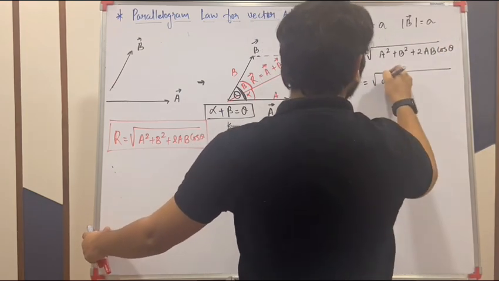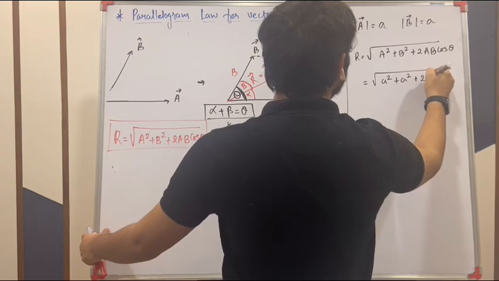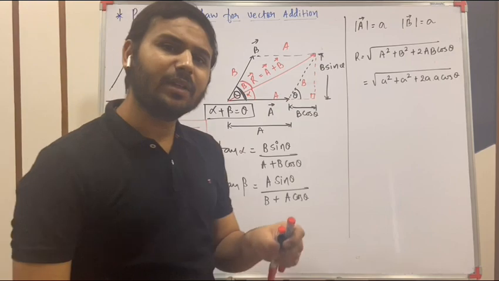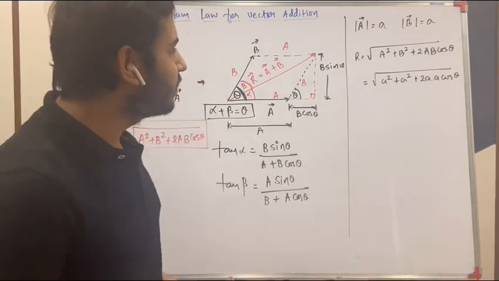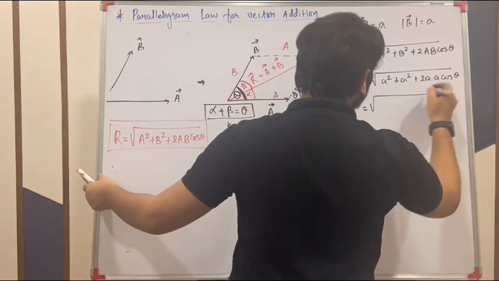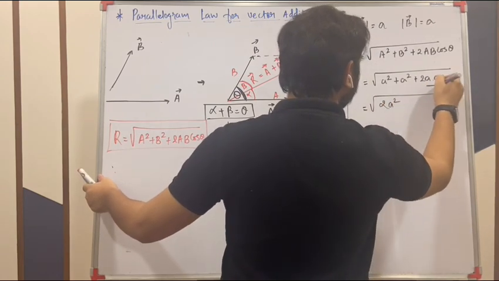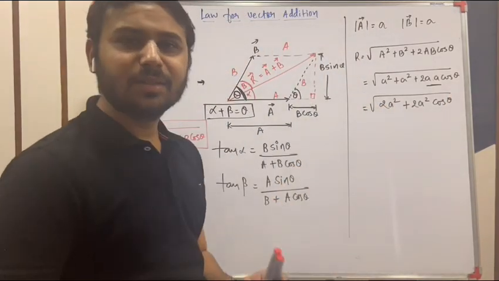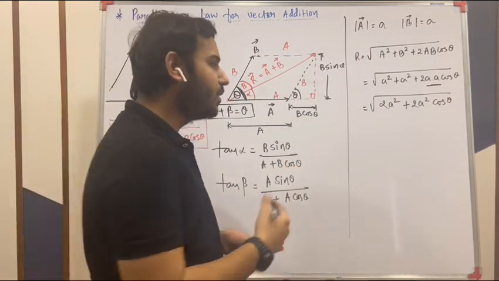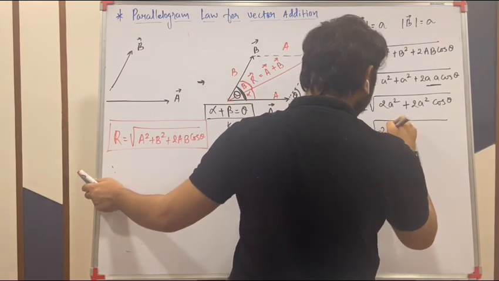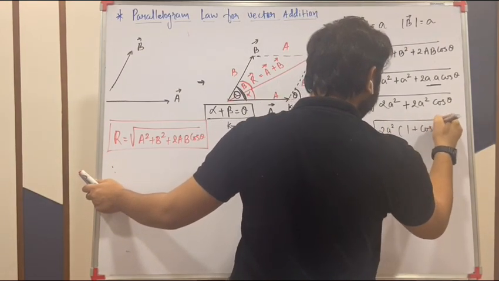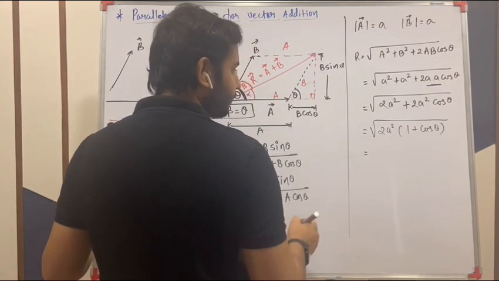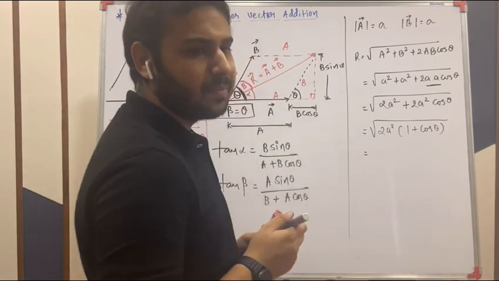Here you can write A square plus 2AA cos theta, since the magnitude of each vector is A, similar vectors. Now 2A square, A into A, 2A square cos theta. You cannot add these, you should take 2A square common. So under root 2A square times 1 plus cos theta.